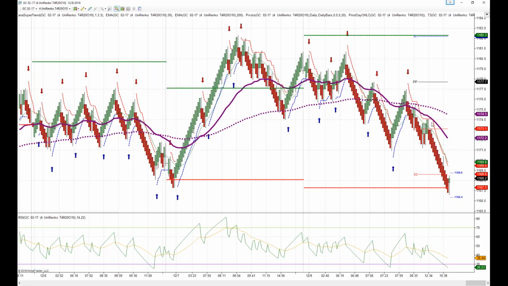When I'm selling, I want this purple line to be under the purple dotted sequence, okay, which it is, right? Then I need to know where the bars are in comparison to this dark purple line, and the bars are underneath the 50 EMA, the 50 exponential moving average. So yes, indeed, I could look for a sell trade.